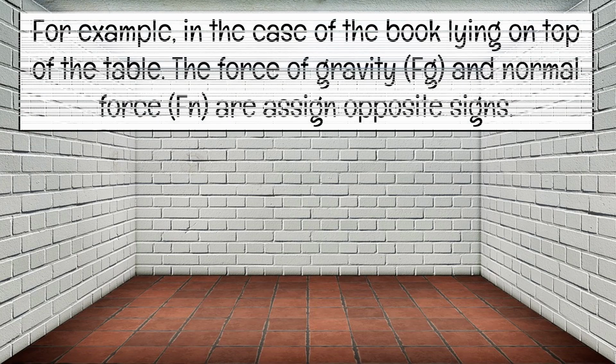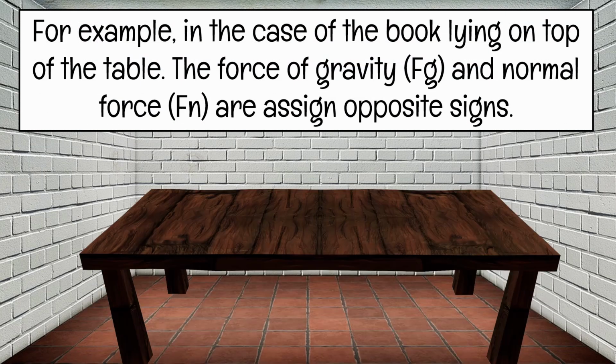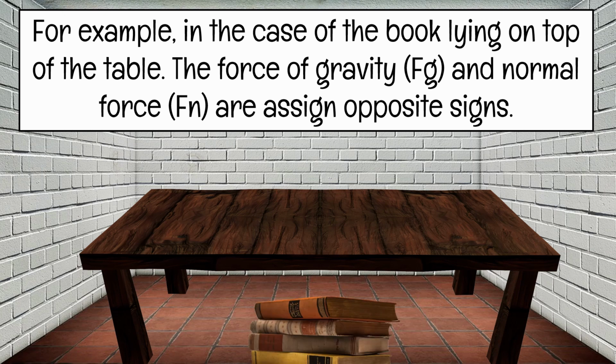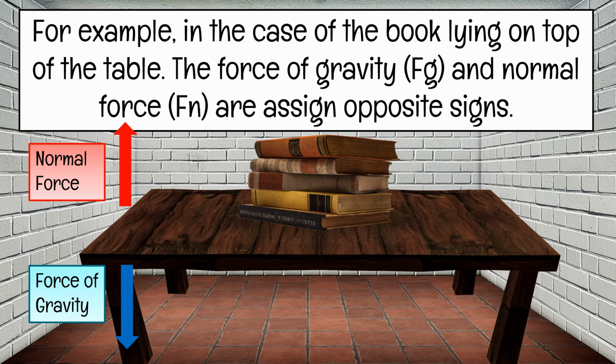For example, in the case of the book lying on top of the table, the force of gravity and normal force are assigned in opposite directions. So the normal force pushes the book upward, the force of gravity pushes the book downwards.